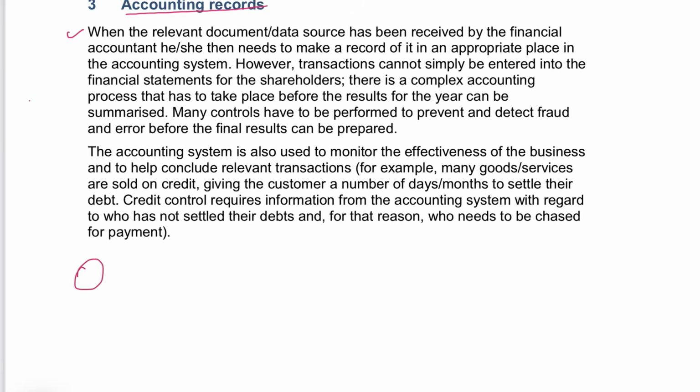Now let's understand this. For example, this is an accountant, right? Whenever he or she receives a source document, I'm writing it in short form, like the bill.